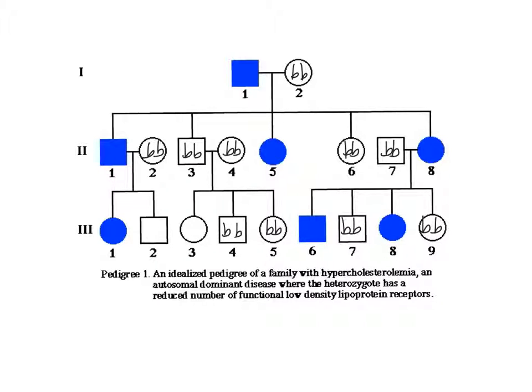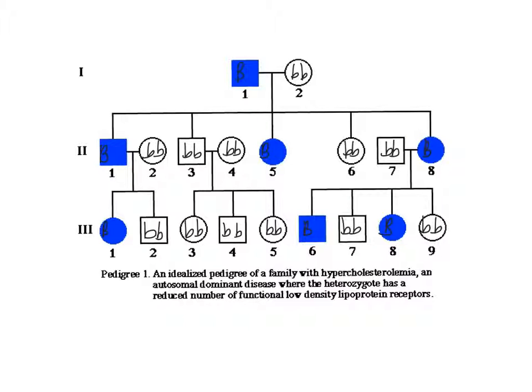Remember, we determined this is a dominant trait, so all the shaded ones with the dominant have to have at least one big B allele, which means all the unshaded ones are going to be recessive. All right, so let's go ahead and put that one dominant allele in each of the shadeds, because we know they have to be at least one, big B, or big B, little b.